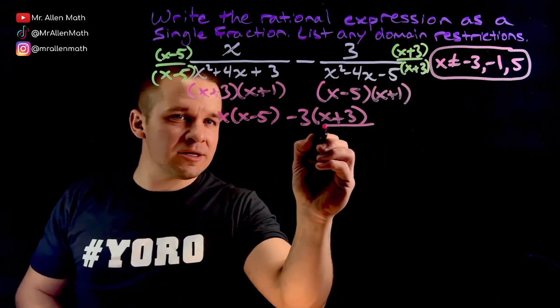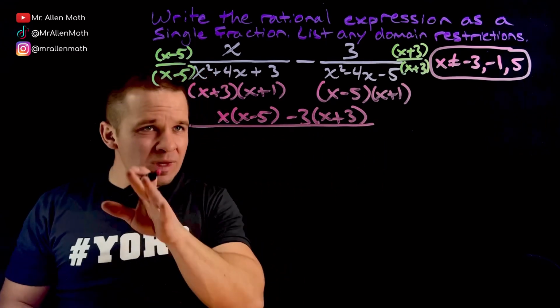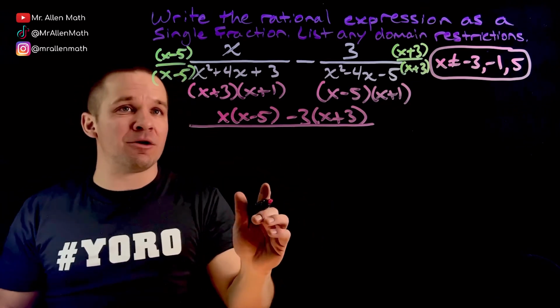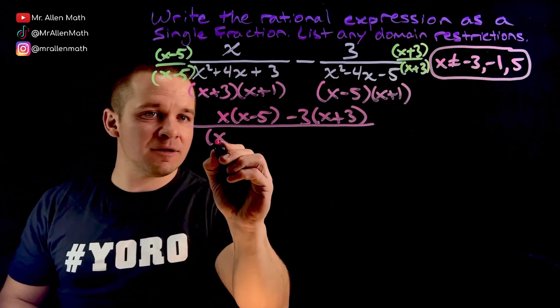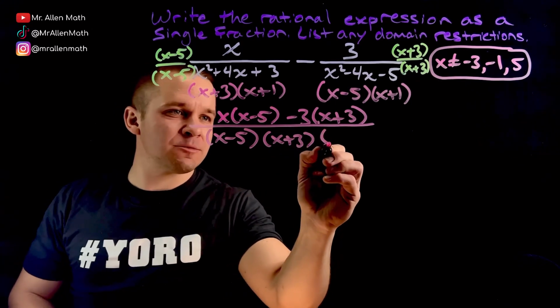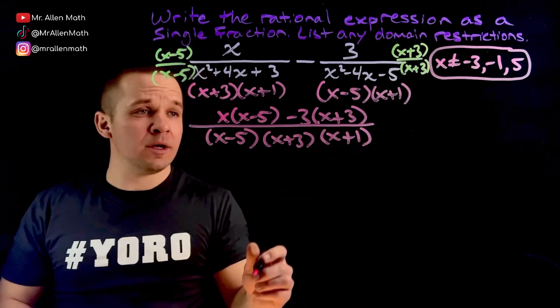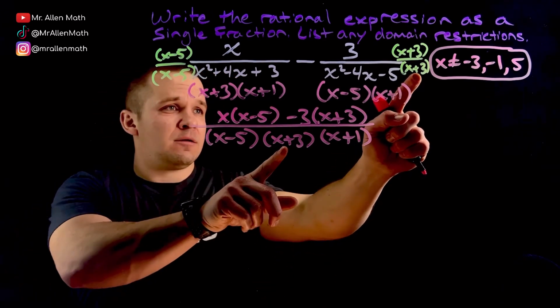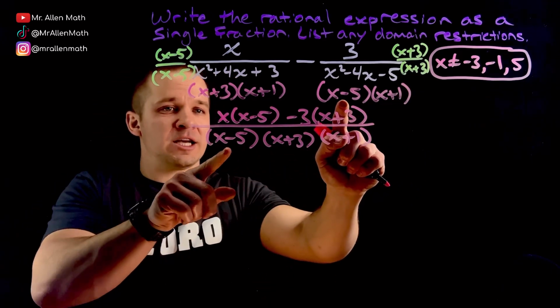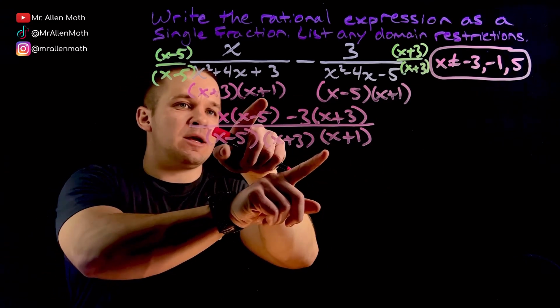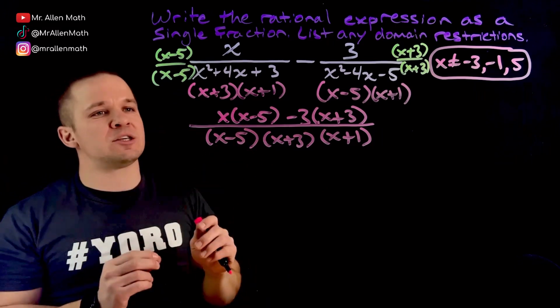And all of that can now be in one fraction over my least common denominator, which is x minus 5, x plus 3, and x plus 1. So this one here is x plus 3, x plus 1, x minus 5. Here we've got x minus 5, x plus 3, x plus 1; they are the same. It can be written as one fraction.